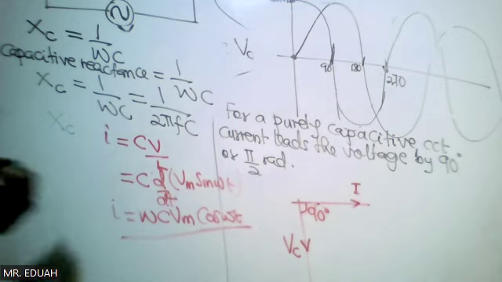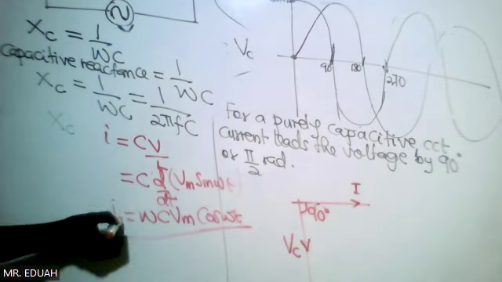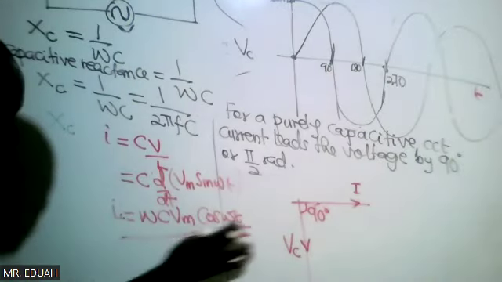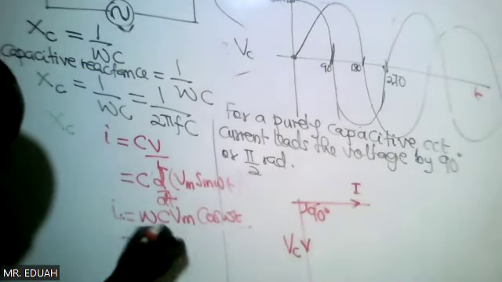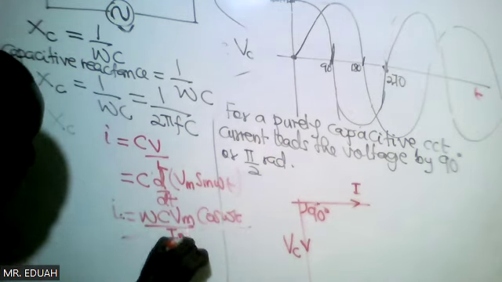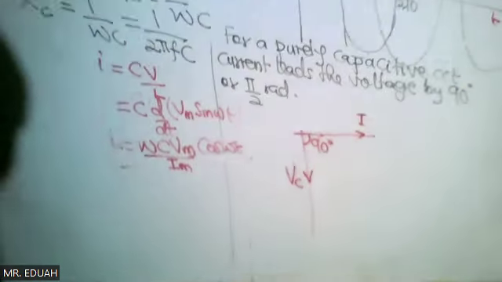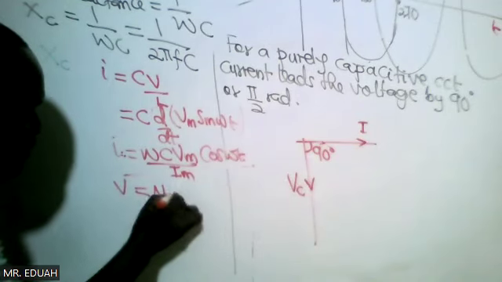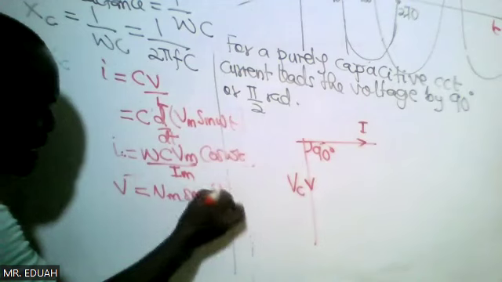And so we plotted a graph of the current and the voltage against time. So this is the current. This is actually the peak current, I maximum. The voltage is the instantaneous voltage Vm sin omega t.